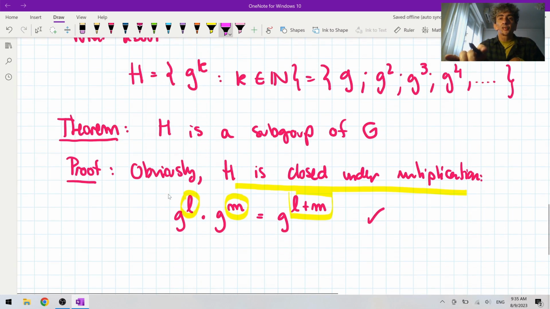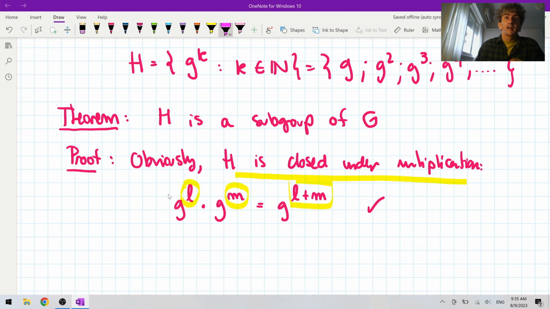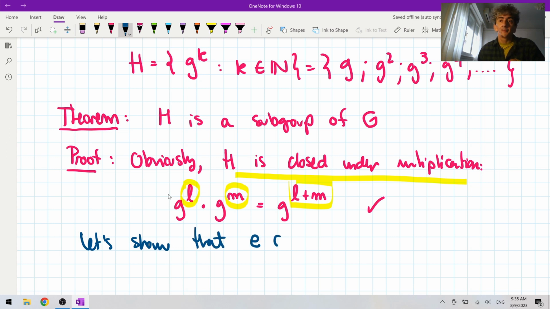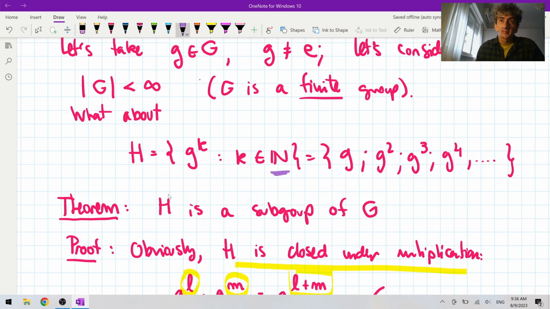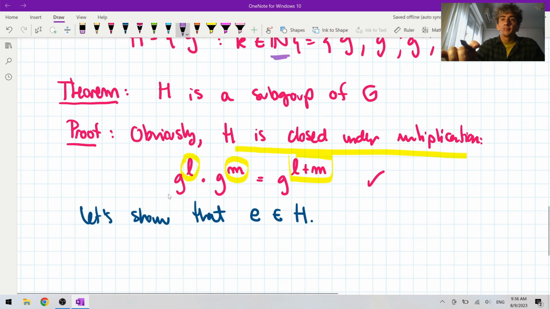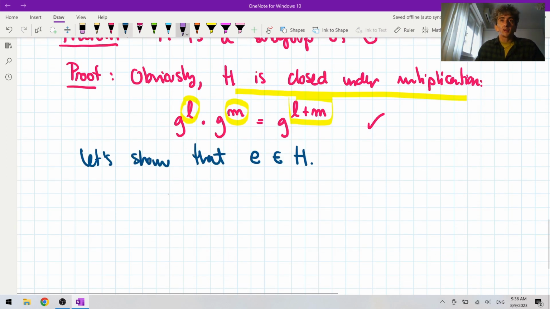So let's show that the identity or the neutral element of G belongs to H. How do we do that? We are going to need a certain property of the natural numbers and the fact that G is a finite group. So G is a finite set.